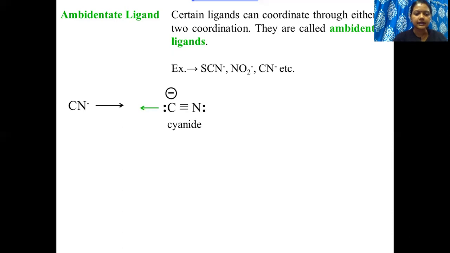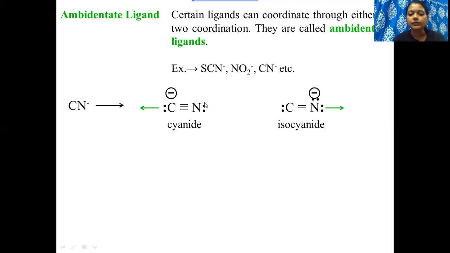CN minus: here carbon has the negative charge on it. So carbon will act as a donor atom, not nitrogen, because carbon has lower electron affinity than nitrogen. So it will easily release this electron to the metal. So carbon is the donor site here. It is the well-known cyanide ion.